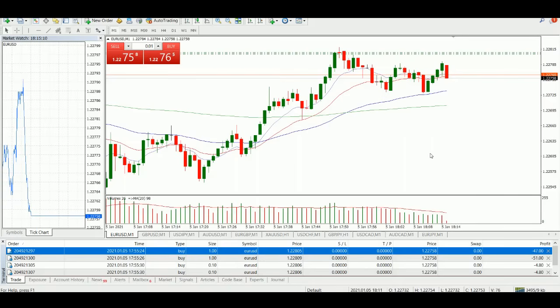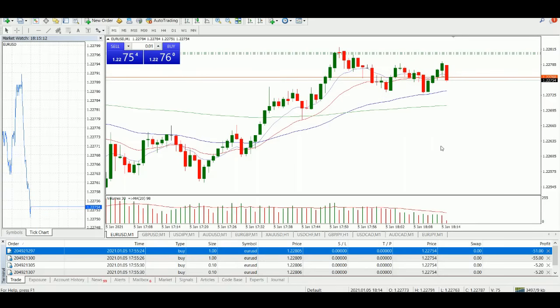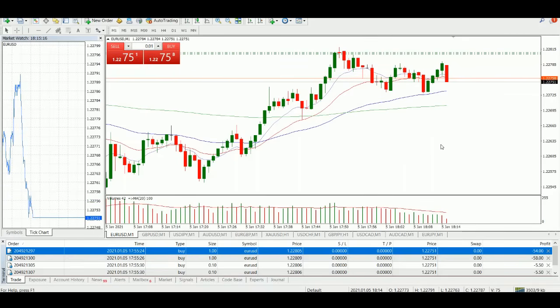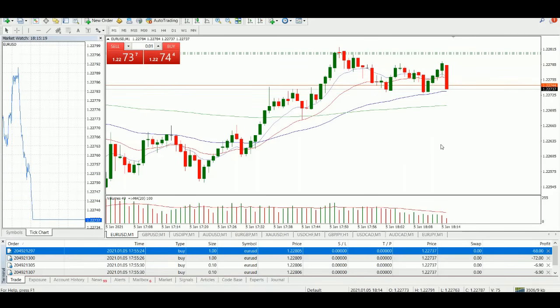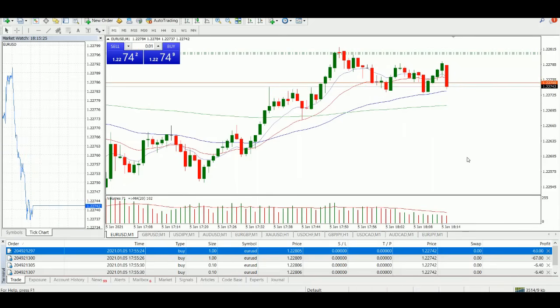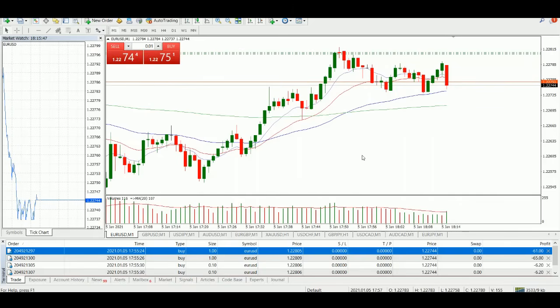So volume is still below EMA 20. Since volume is still below EMA 20, here we are, still waiting.